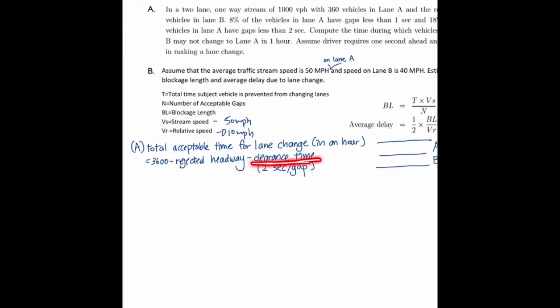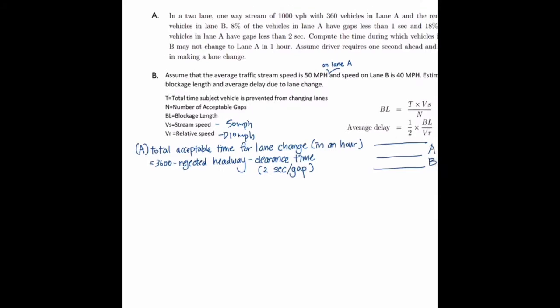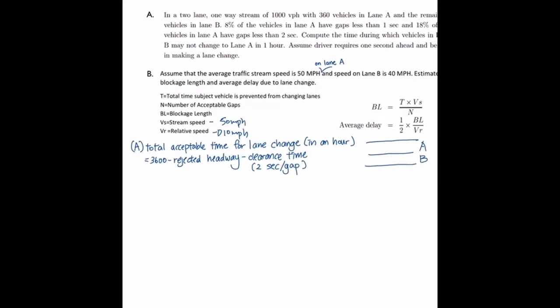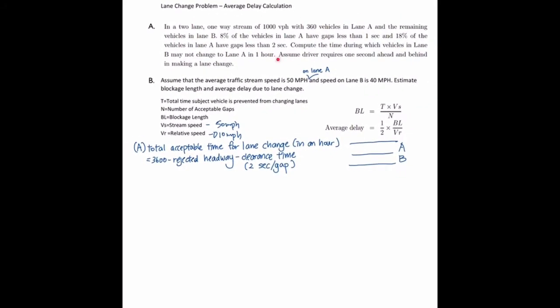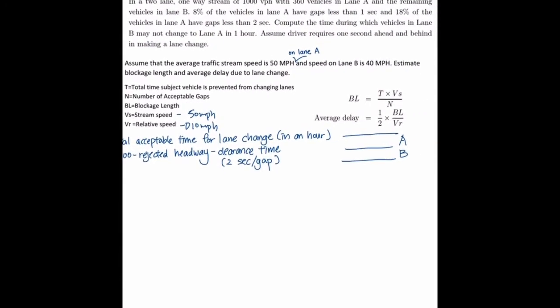Clearance time is when drivers need to clear out before they actually make a lane change. The problem says assume driver requires 1 second ahead and behind in a lane change, so it'll be 2 seconds per gap for acceptable gaps.